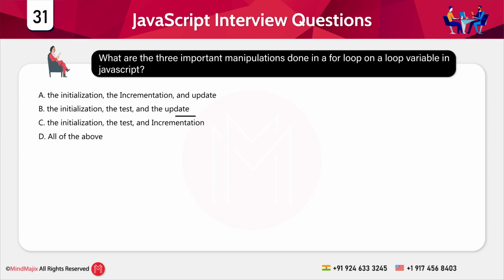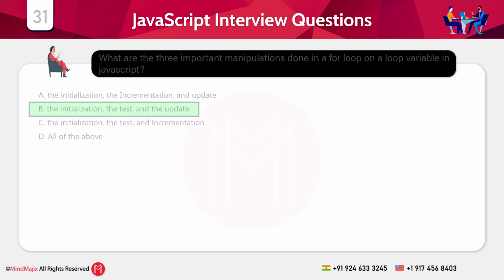This is the updating, the change in a for loop. The initialization, test, and update are the three crucial manipulations of the for loop variables. Firstly, the loop initializes the variable, then tests the conditions, and then after executing the statements, it increments its value, so that is the update.